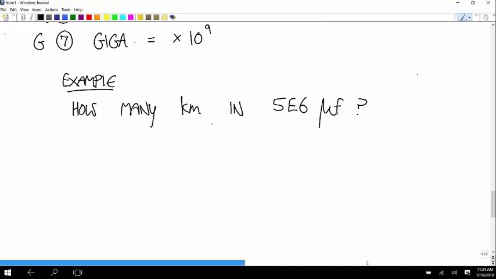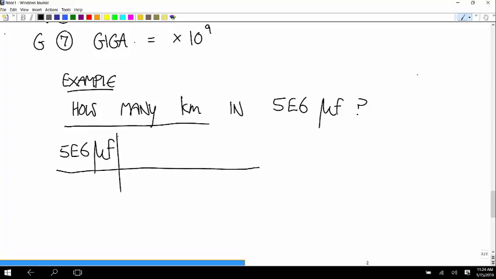Okay, so the quantity we're starting with is 5 times 10 to the 6th microfeet. And, well, I'll just write that like this. And micro means times 10 to the minus 6. So I can just erase that micro and replace it with times 10 to the minus 6.